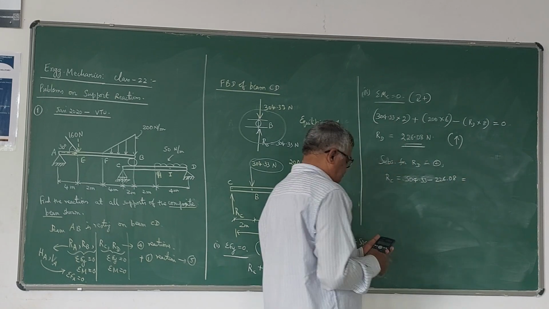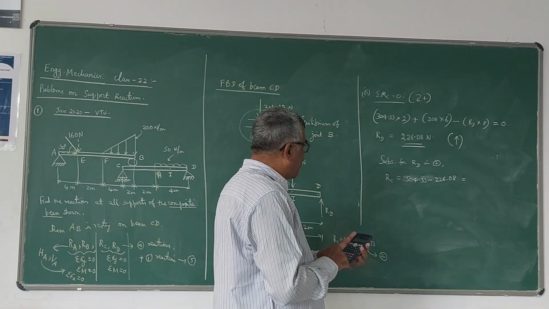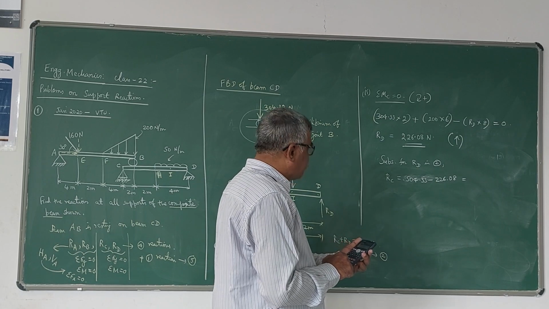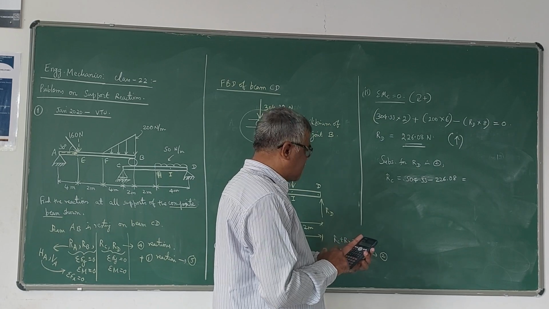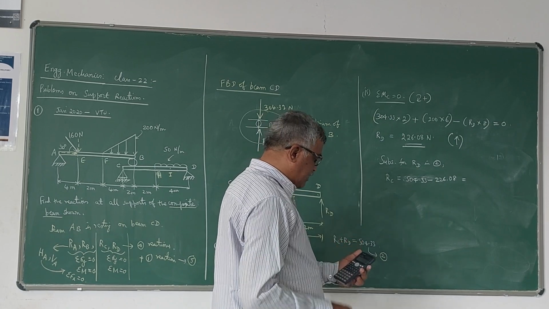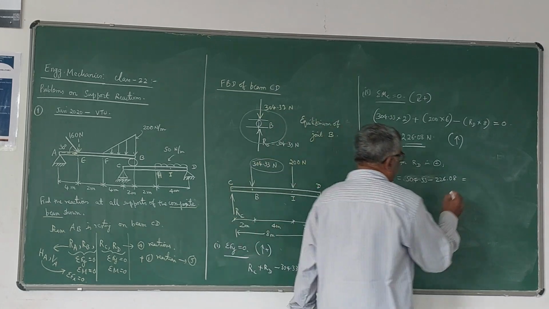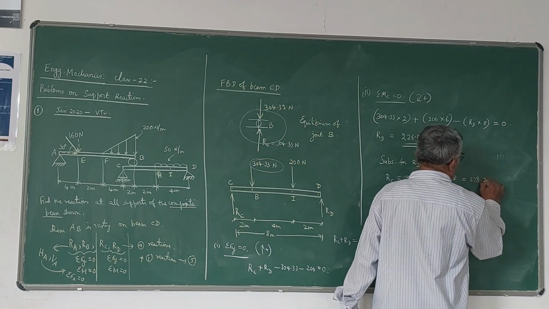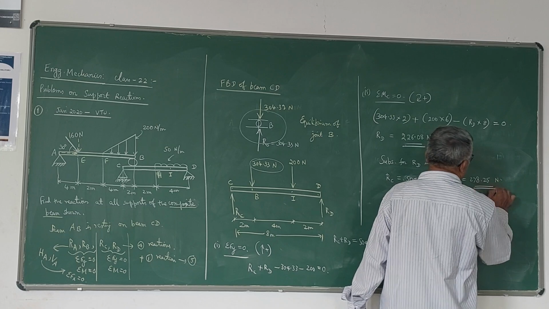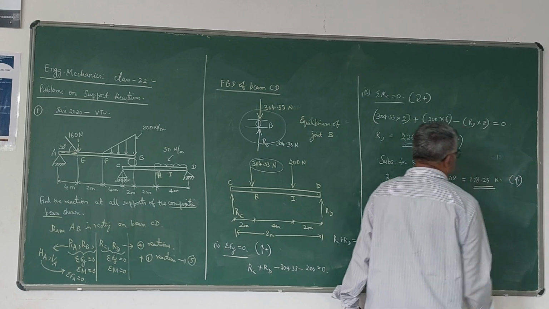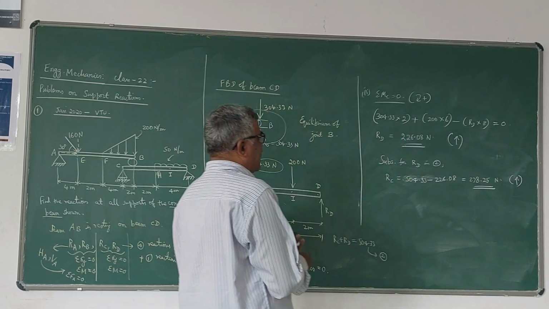The answer is 504.33 minus 226.08 is equal to 278.25 Newton. Positive only, therefore assumed direction is correct. So these two are the reactions.